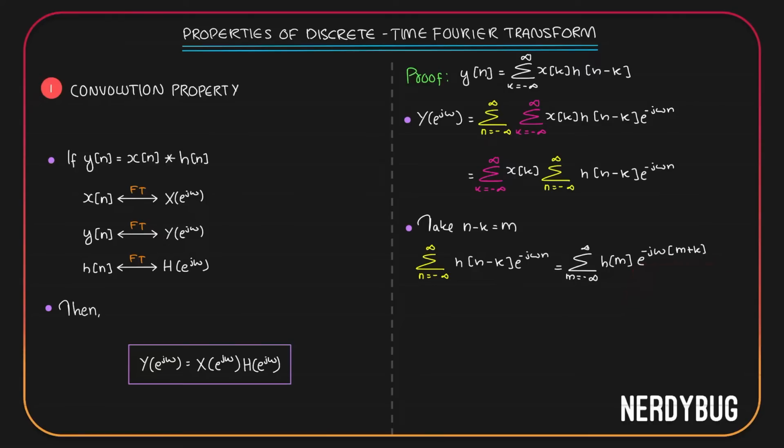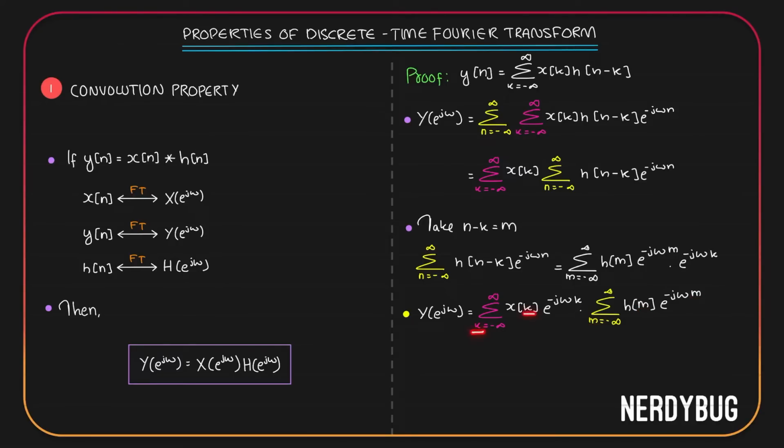Let us do that. Now let us take this expression and replace this one with that. Then Y of e raised to j omega will look like this. Again, the inner summation is with respect to the variable m. So e raised to minus j omega k can come out of that summation. We know it doesn't matter what we call the variable to which we are giving the limit. So we have m here, you could just call it n also.